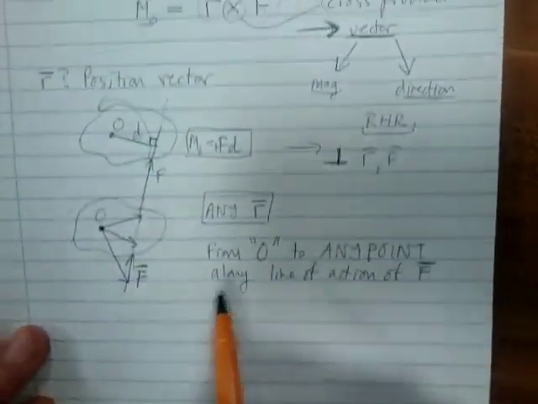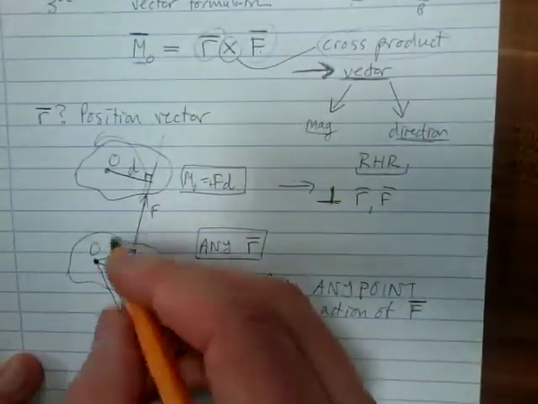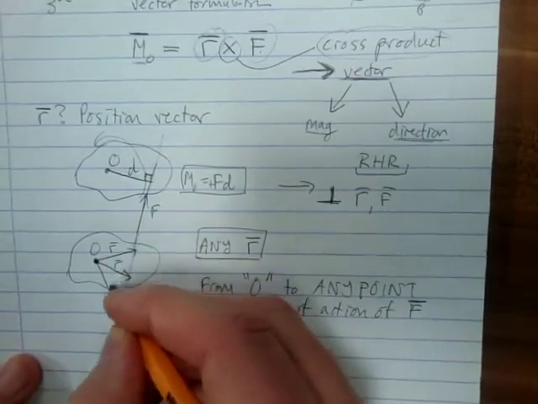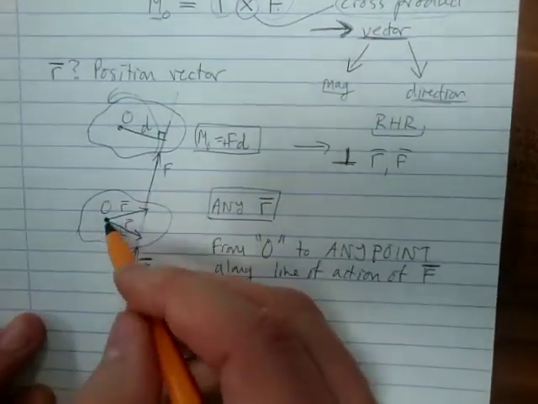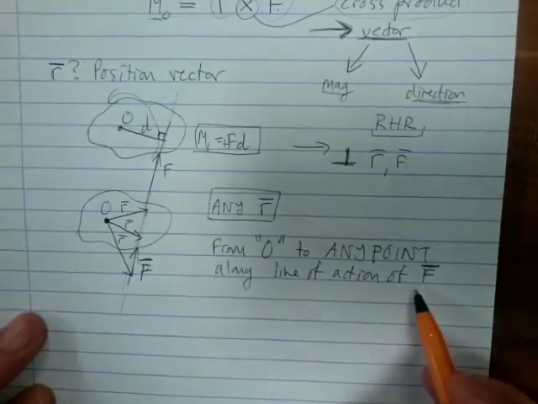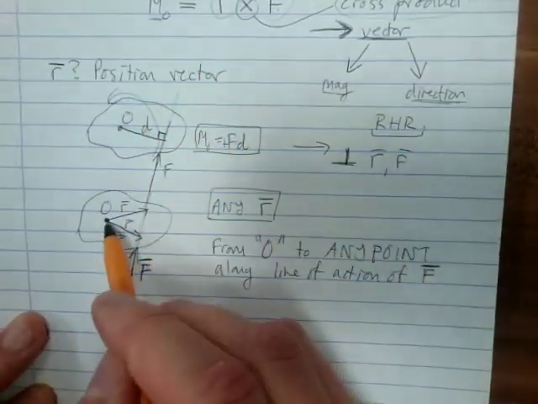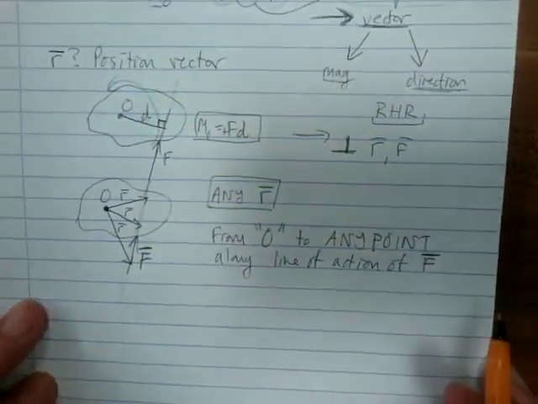So that's what R is: any position vector from point O to any point along the line of action of F.